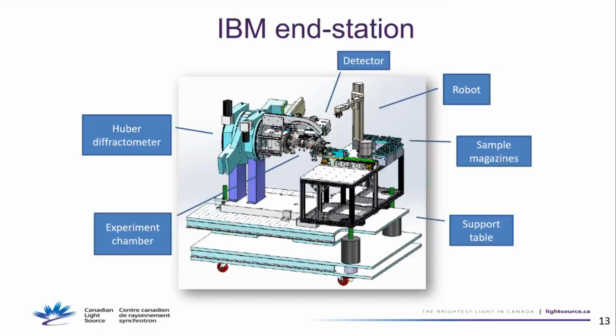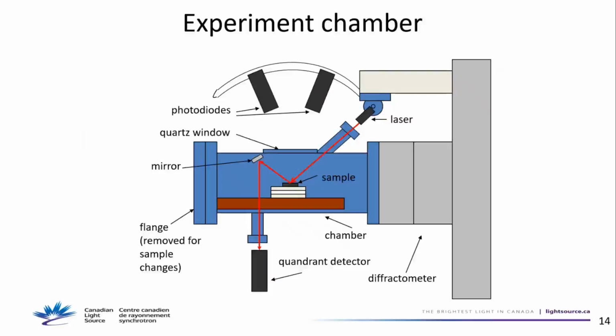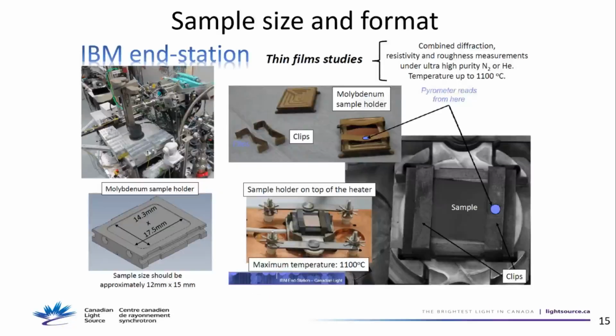And this is completely automated with trays for samples and a robot. They operate from New York most of the time, but it's open for users. And this is the sample chamber. And if you're ever interested, this is the format of the sample holder. And this is where the sample fits. Very small, usually silicon or germanium substrate with thin films that we want to learn about.